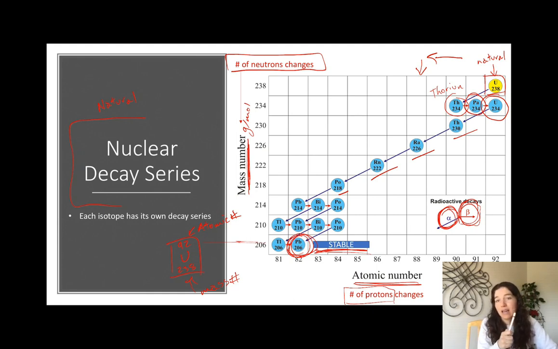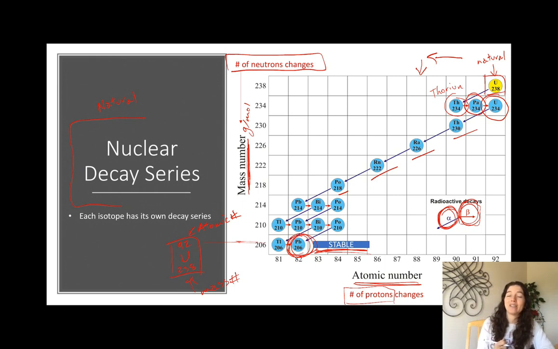For beta decay, you'll see that the mass number isn't going down on the vertical side, but the atomic number is going up, actually. So the number of protons is changing. So we're seeing here that with beta decay, our mass number stays the same, but we're gaining protons, which is really weird, right?